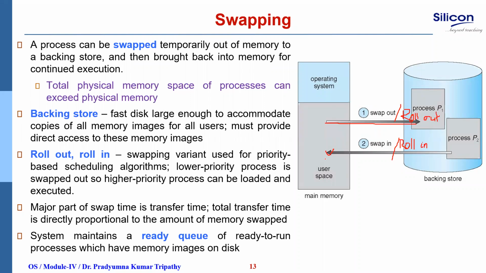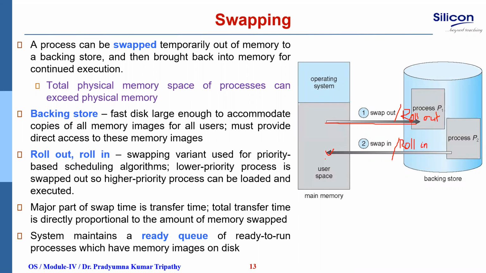Correct. So the major part of swap time is transfer time. Total transfer time is directly proportional to the amount of memory swapped. So the system maintains a ready queue of ready-to-run processes which have memory images on the disk.